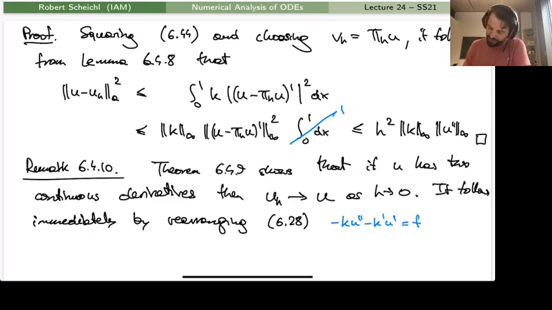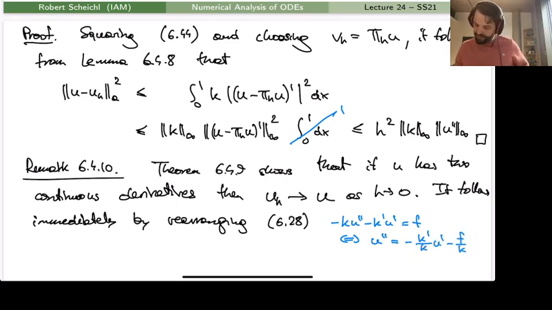So if I rearrange that, then that's equivalent to u double primed is equal to minus k primed over k u primed minus f over k.